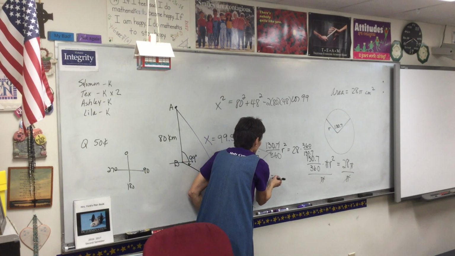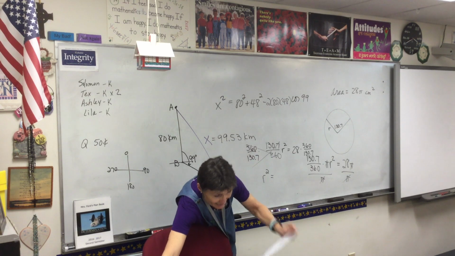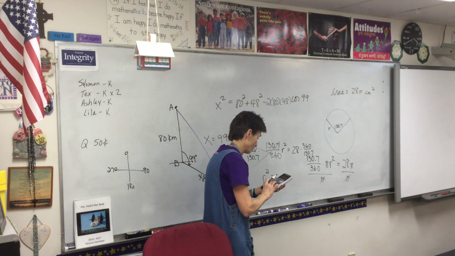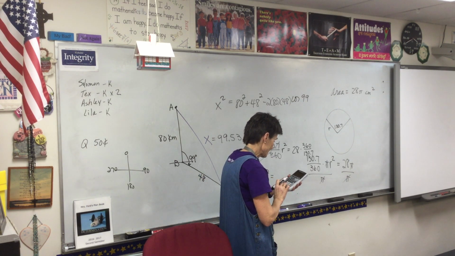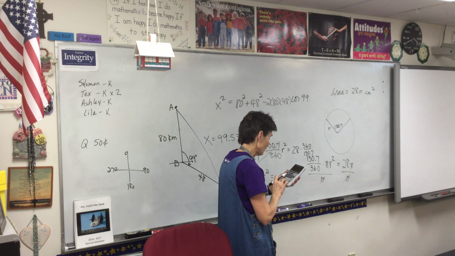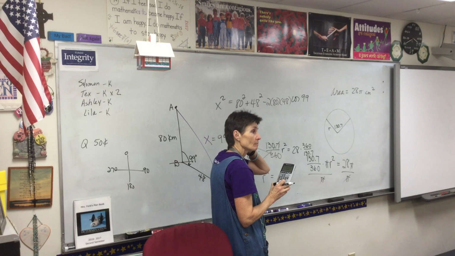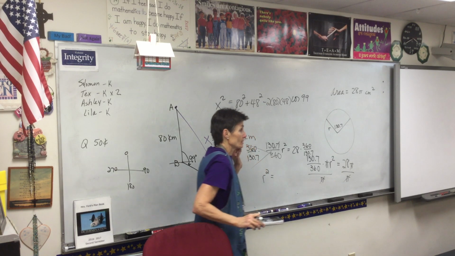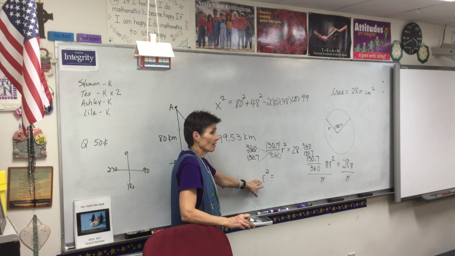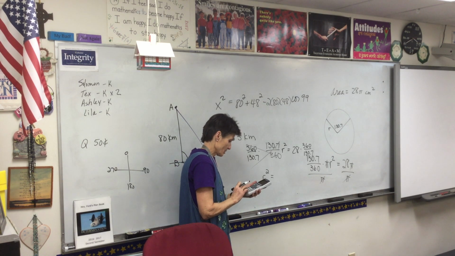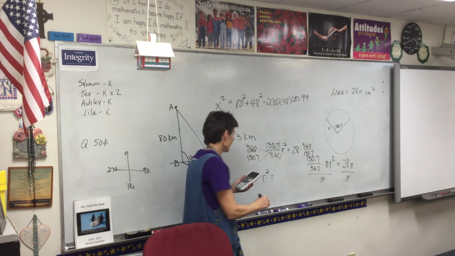So now I have 28 times 360 divided by 130.7. Right? But that's not r, that is r squared. So I'll square root that guy.